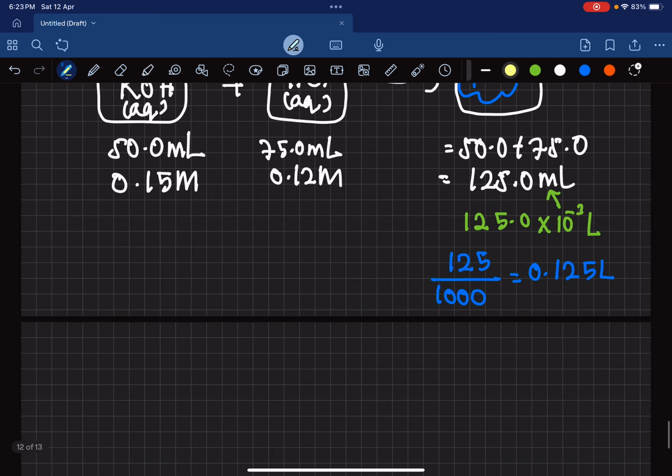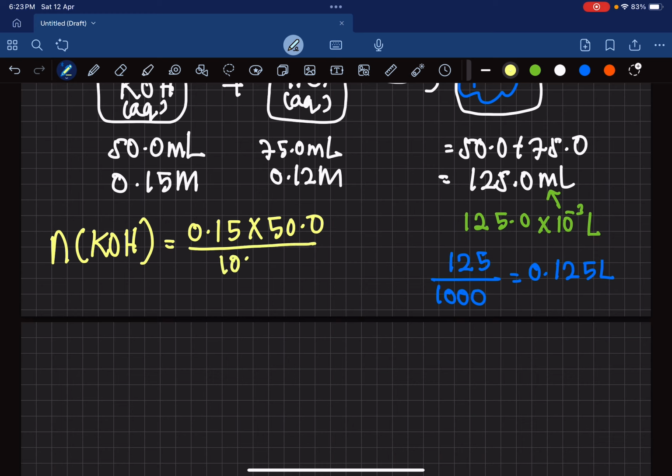Step number one always is to find the moles. Let's find the moles of potassium hydroxide. We take 0.15 molar times 50 divided by 1,000, which gives us the moles of potassium hydroxide: 7.5 times 10 to the power of -3 moles.